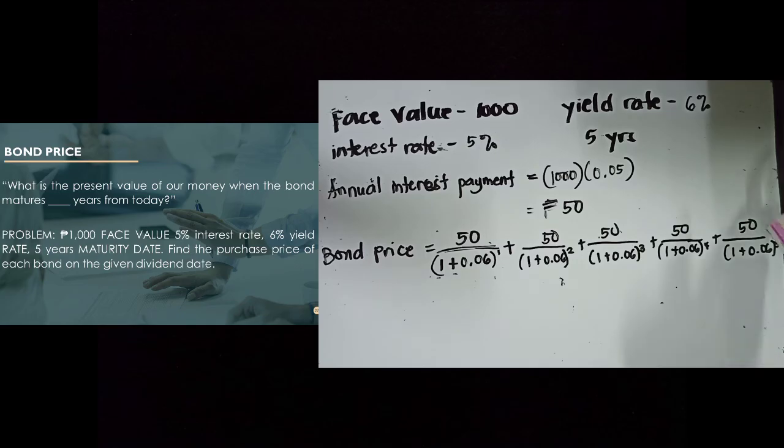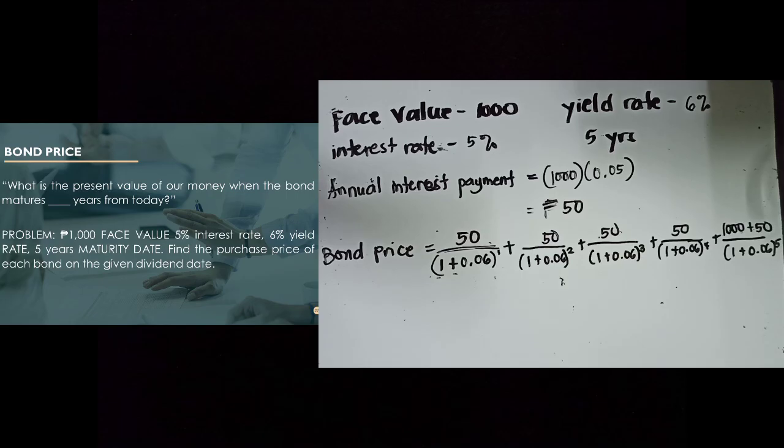Okay, so sorry. We need to add the... for the 5th year, we have 1,000 plus 50. Okay, so bakit tayo may 1,000 plus 50?